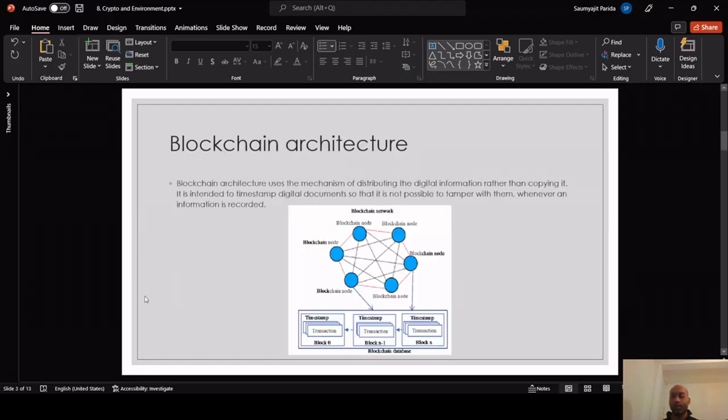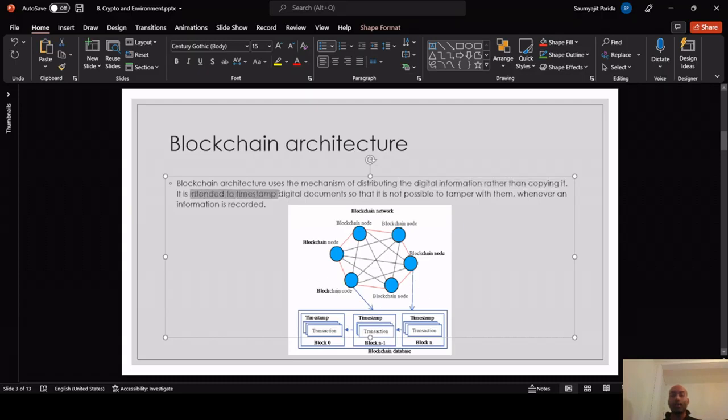Something a little bit about the blockchain architecture to have a recap of everything. The blockchain architecture uses the mechanism of distributing. There are nodes, and nodes are people like me and you, where each node validates or has a copy of the ledger. Distributing the information rather than copying it means the ledger in the blockchain database is distributed to each of the nodes.